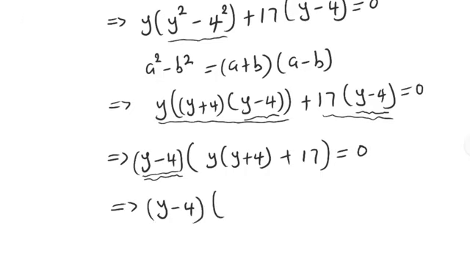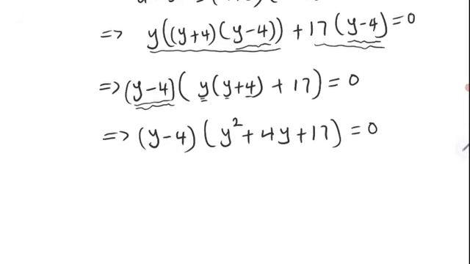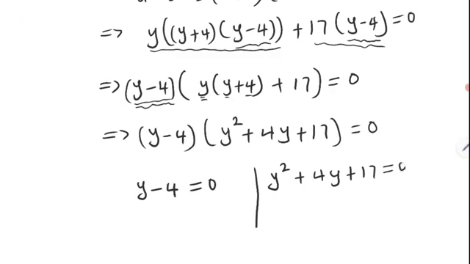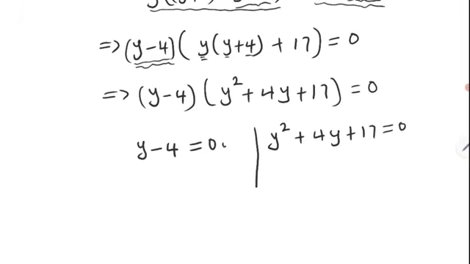Let's open the bracket with this y times y. This is y square plus y times 4, 4y, plus 17 is equal to 0. Now there are two cases here. The first case is y minus 4 is equal to 0, and the second case is y square plus 4y plus 17 is equal to 0. Now from here, y is equal to 4.